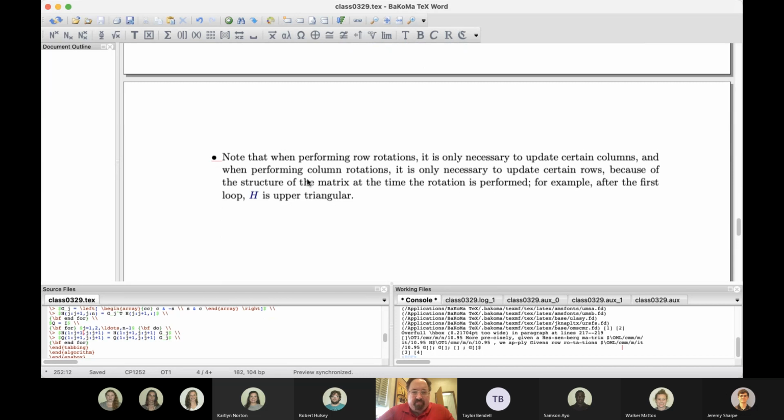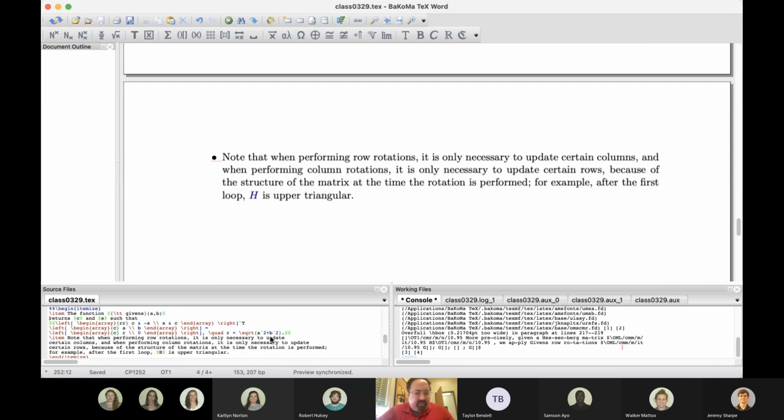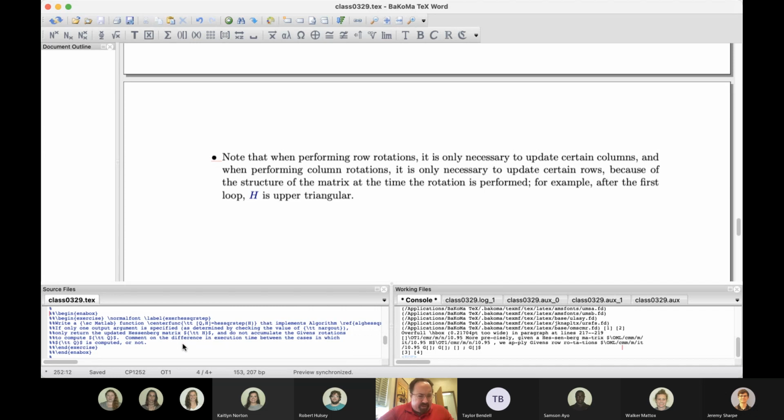So this is why I'm doing that restriction. It's very important to pay attention to the structure of the matrices you're working with. Which entries are known to be 0? You want to avoid performing operations on those entries needlessly, because we're dealing with particularly large matrices that those kinds of wasted operations can really add up. So even though it has no effect on the correctness of your algorithm, if you don't take it into account, it can be a lot slower than it needs to be.